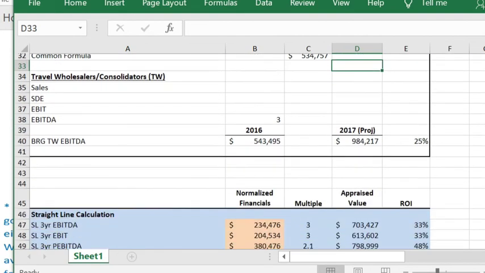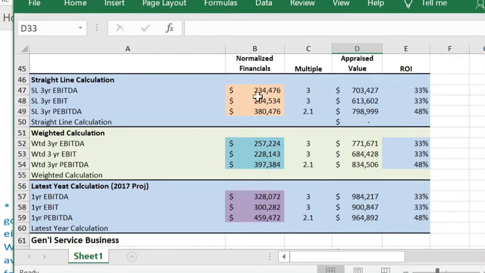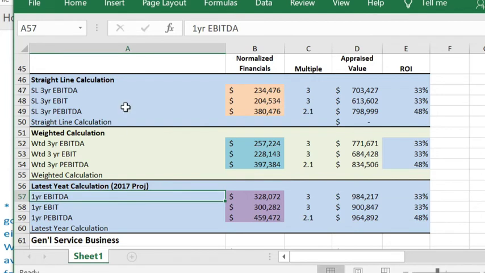A little further down the page, he starts bringing those notes together and making it a little bit easier to understand. So you've got a possible valuation based on a straight line calculation, possible valuation based on weighted calculation, and on latest year calculation. So he's pulling all those notes together. We've got possible multiples that he has identified that other businesses have sold for.